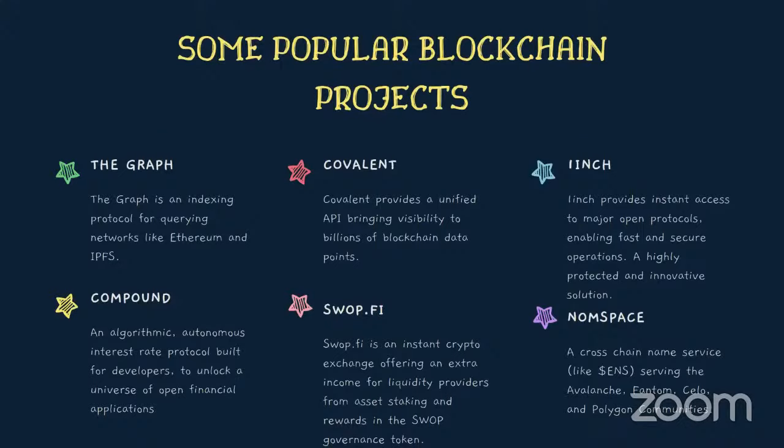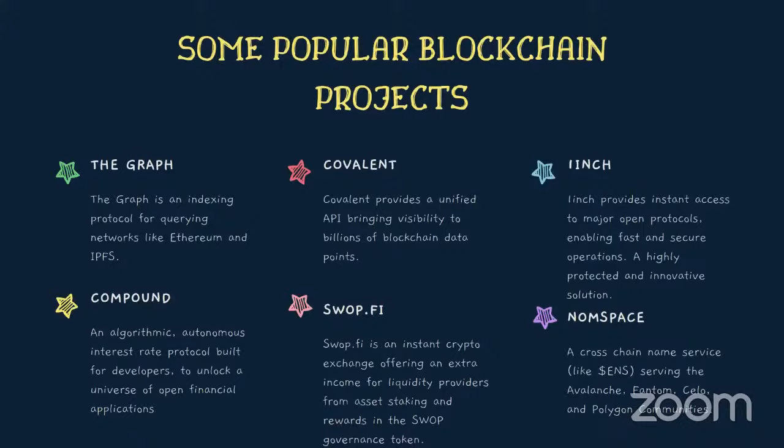So instead of querying the Ethereum blockchain directly, you can just write some GraphQL query to get your data from the blockchain. Also the subgraphs are open APIs, so you can use subgraphs from other projects in your own project. For example, say the Uniswap subgraph, you can use it in your own project if you need it.